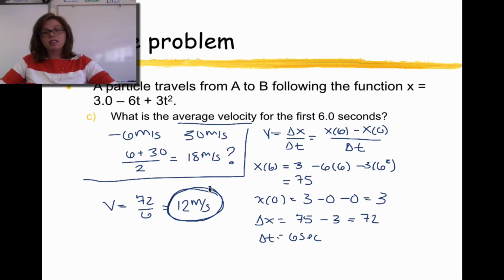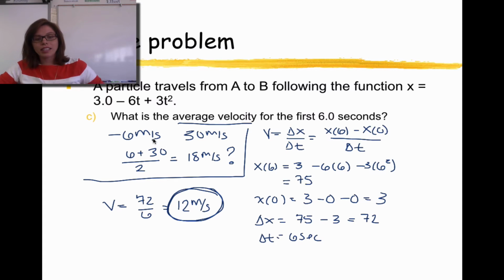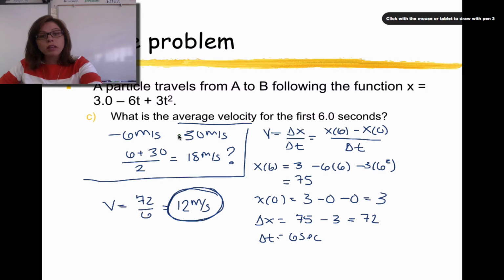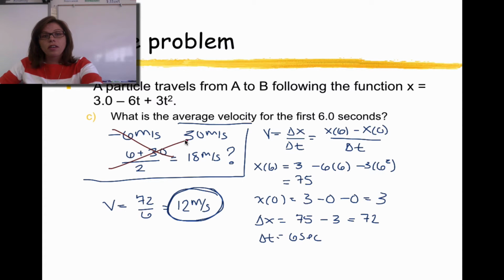All right. That is not 18, which is really important to see. Averaging the velocities only works if the acceleration is constant, but it's not always going to be constant for us. This velocity equals displacement over change of time is always true, without exception.